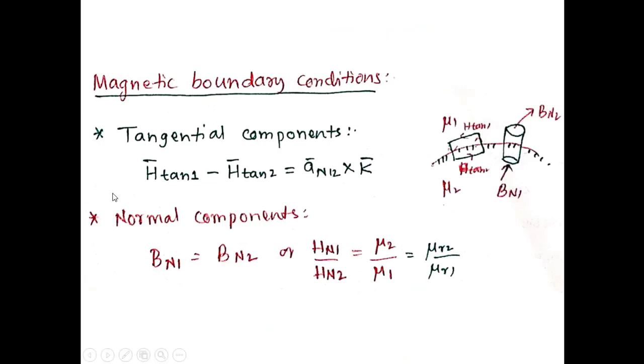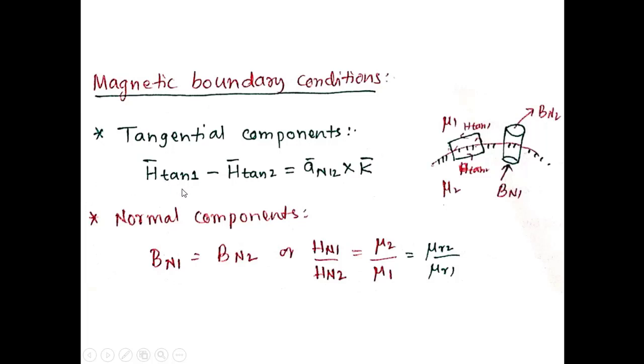Next, the magnetic boundary condition. Here also there are two magnetic media with a boundary between the two magnetic materials. The tangential components are not equal here.